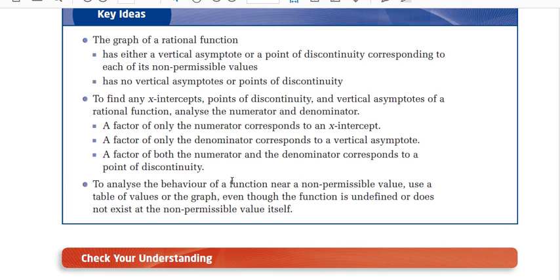To analyze the behavior of a function near a non-permissible value, use a table of values or a graph, even though the function is undefined or does not exist. I'll just spend a minute on this point. If you want to know what's happening near that gap or near that asymptote, you can do a quick test of some point that's really close.